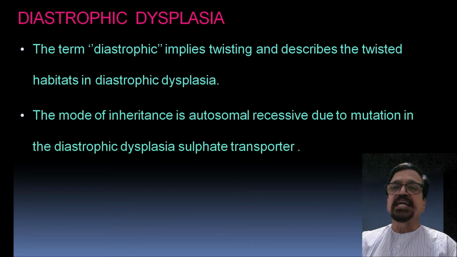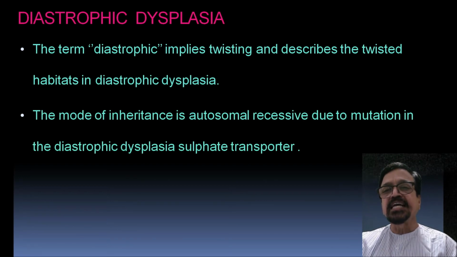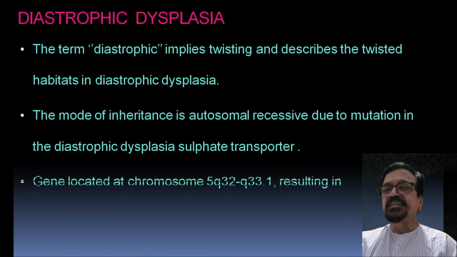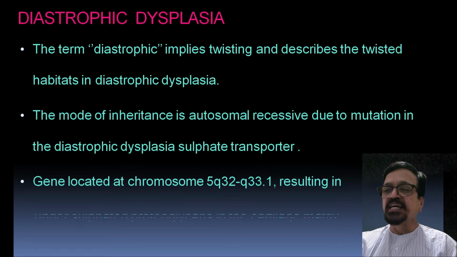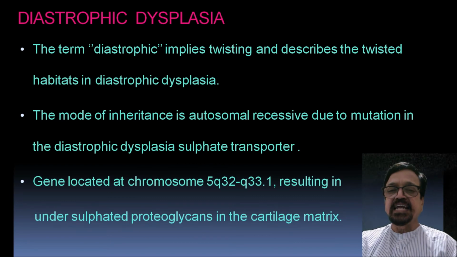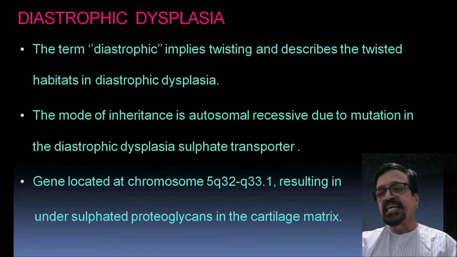The mode of inheritance is autosomal recessive, due to mutation in the diastrophic dysplasia sulfate transporter gene, located at chromosome 5q32-q33.1, resulting in undersulfated proteoglycans in the cartilage matrix.